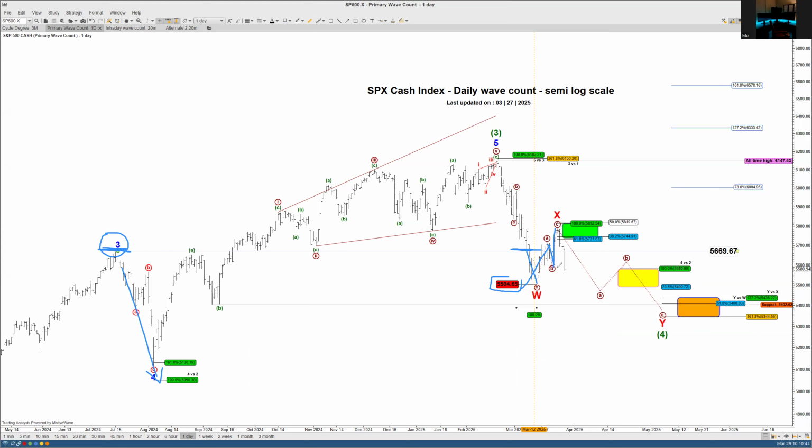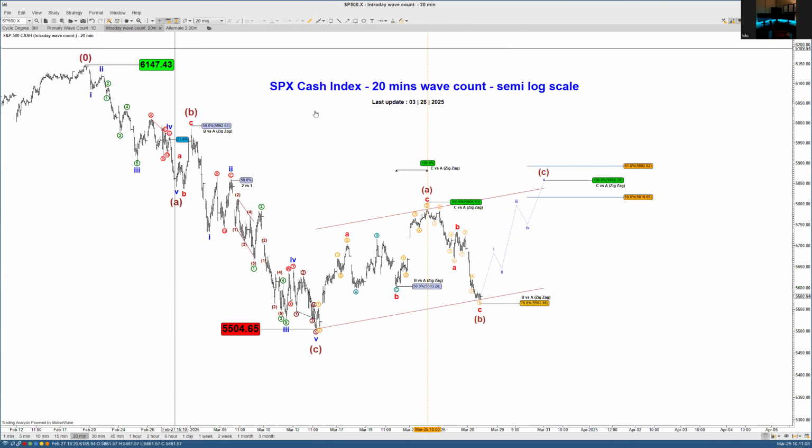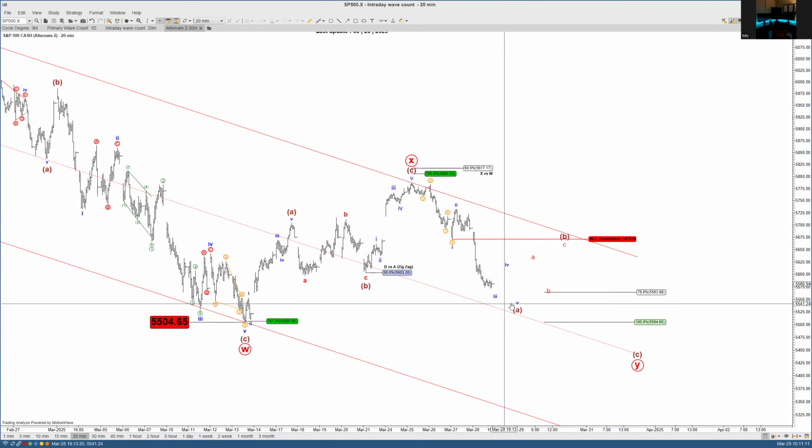You see, completed this. Can we call this an X? Looking at swings on a weekly time frame and a daily time frame, this one definitely looks like we're just into this first initial move down here in A. So we'll keep this one for now.